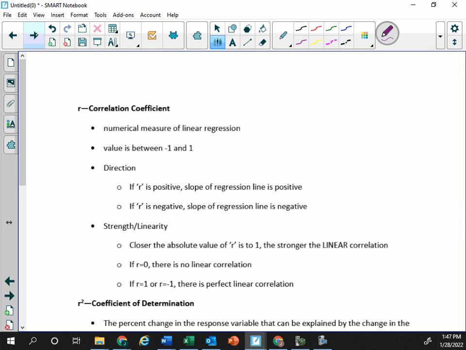It's this numerical number that you'll be given that tells you about the relationship between the two variables. It determines strength and direction. So from this R value, you can tell strong, weak, positive, negative, all of that.